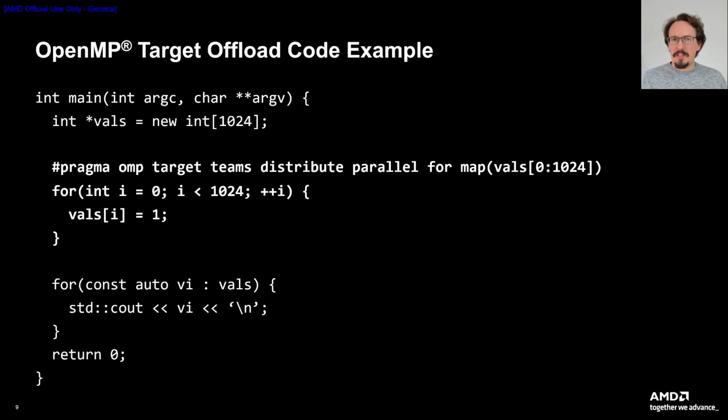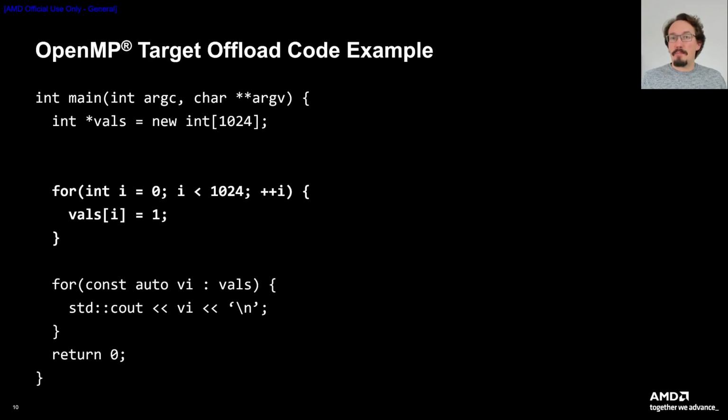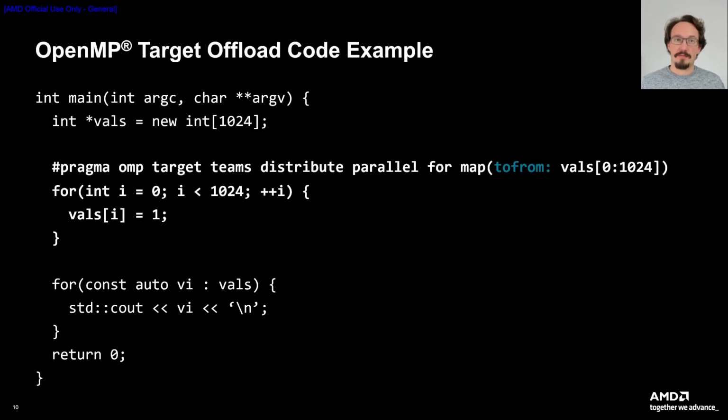So now on the previous slide, we simply had a map clause. Such a simple map clause defaults to a data mapping, meaning a data transfer in both directions, or a to-from clause. To-from means that before the kernel, data is brought to the GPU, and after the kernel, that data is brought back to the host.